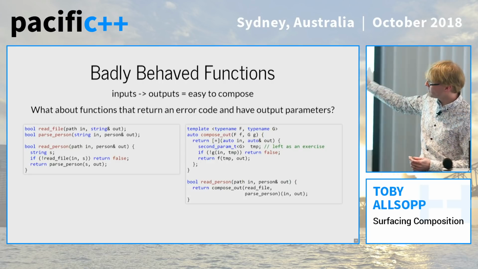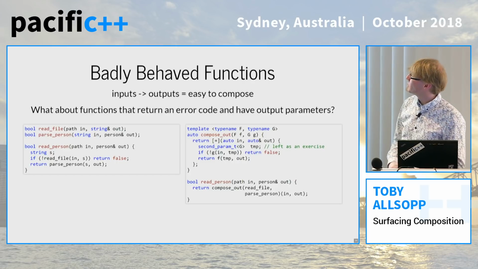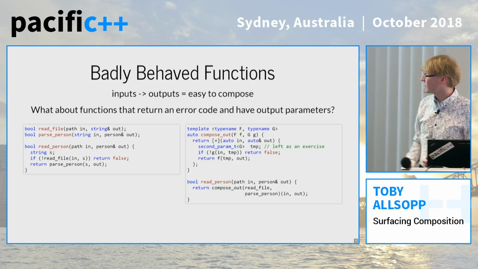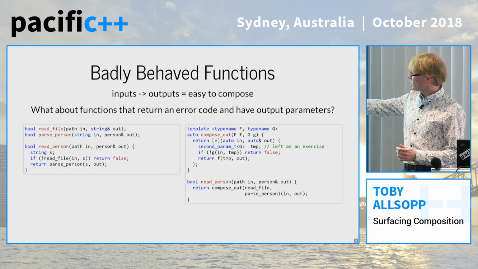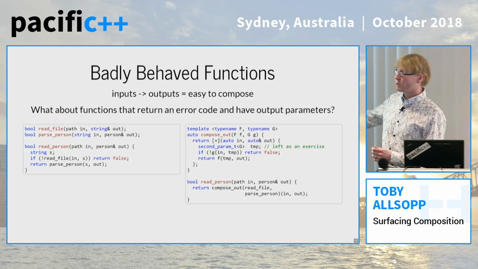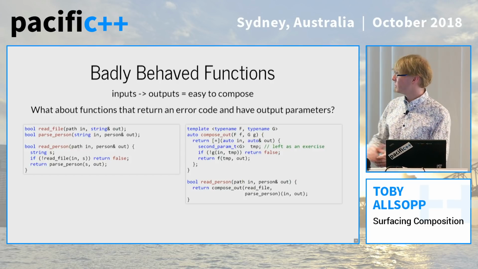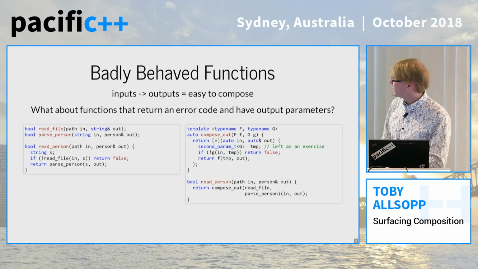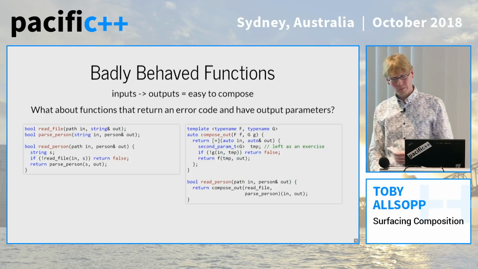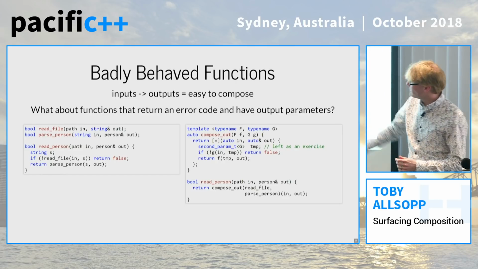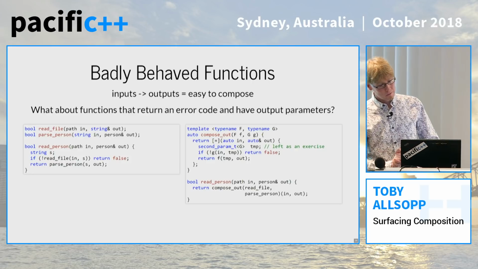If it fails, we return false. Otherwise, we just call F with temp and write our output, and then we can write our composition like that, which is actually kind of okay, particularly if you've got more than two. If you had 3 or 4 or 5 or 10 things that you were trying to do, you could just list them out, and that would scale more nicely than the code on the left.